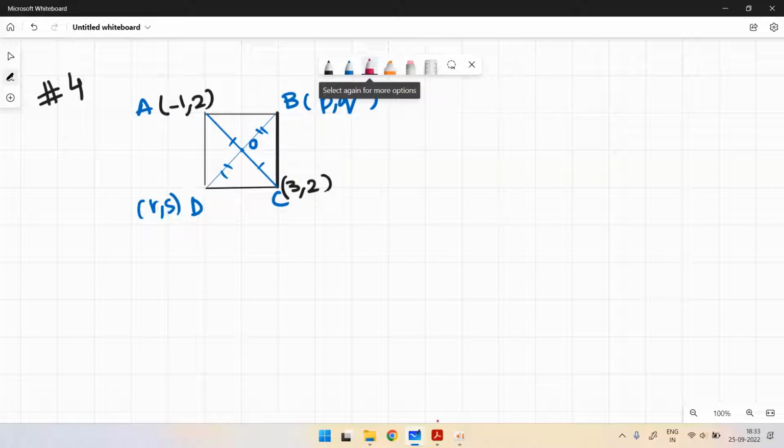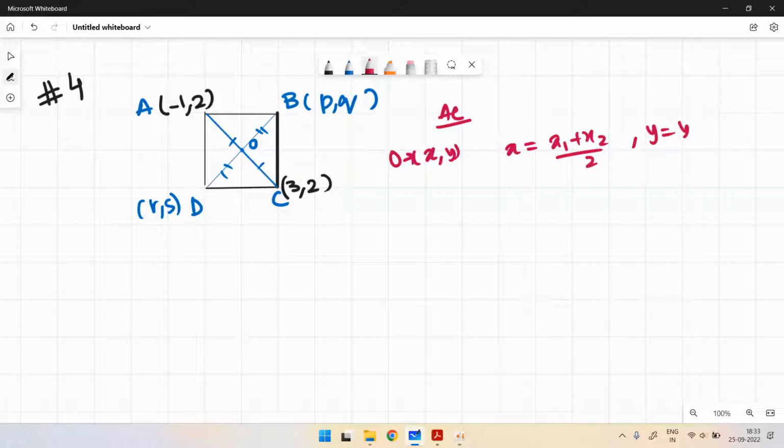So from AC, you can find the coordinate of O. Let it be x comma y. Since it is bisecting, x is x1 plus x2 by 2, and y is y1 plus y2 by 2.